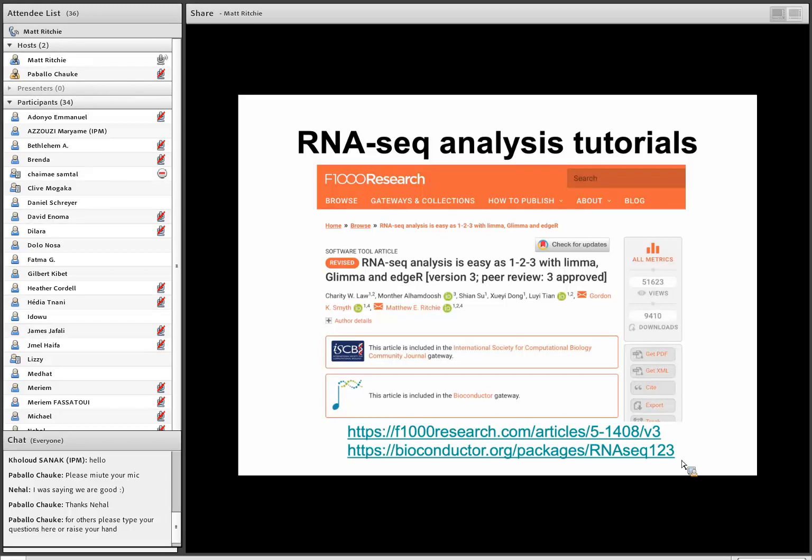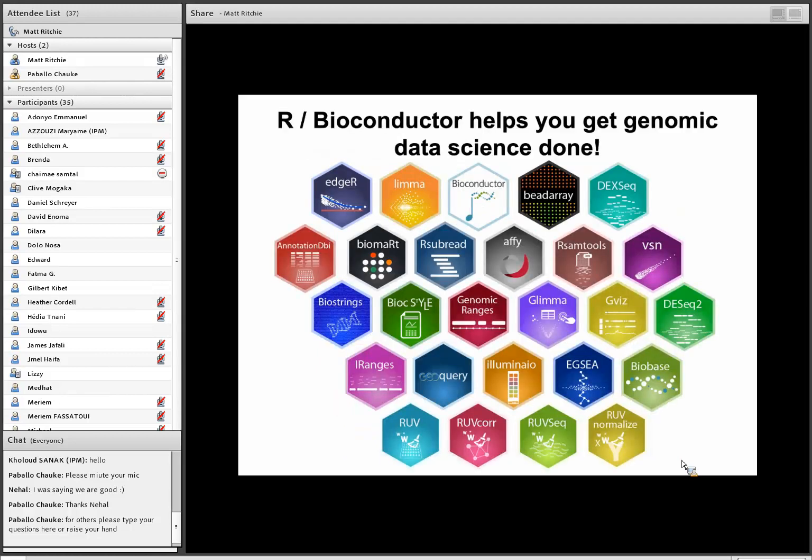So this package, inside of it, has all the code and the data that you need to go through and reproduce a nice RNA-seq analysis to basically get across the main steps in that analysis. So this is a really good teaching resource. So if you have to teach it or you want to learn it, it can be a fun way to do that.